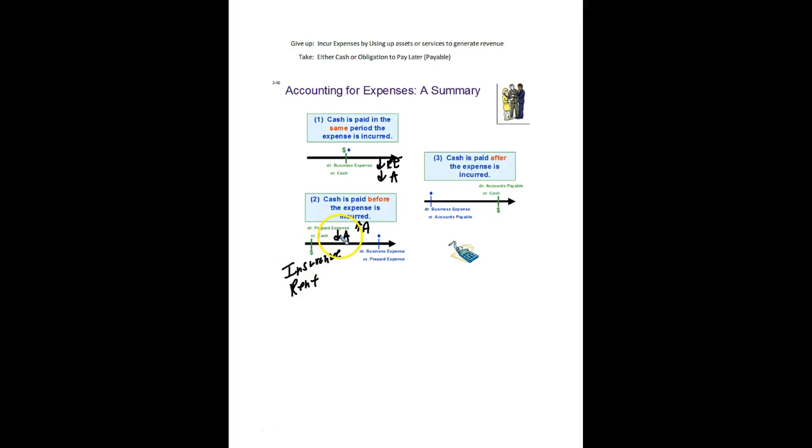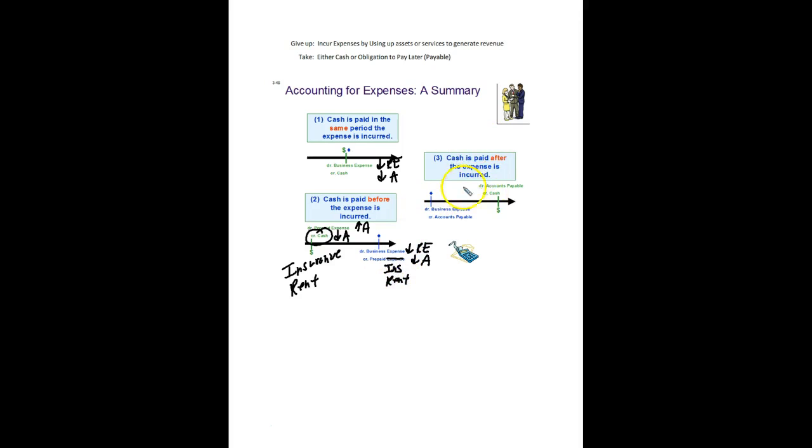So cash is given up, and we will debit either prepaid insurance or prepaid rent. So cash is paid first, and then we incur the expense. Expenses reduce retained earnings, and we reduce the asset itself. So the prepaid expense, again, that would be prepaid insurance or prepaid rent, would be given up.